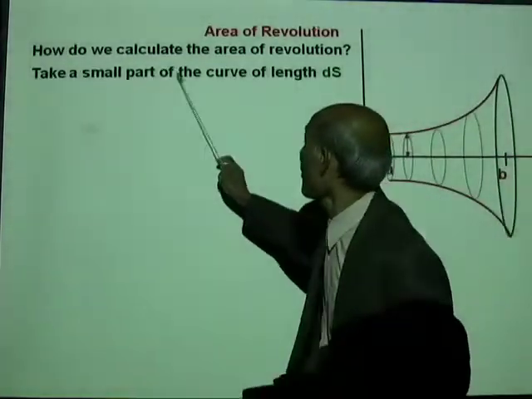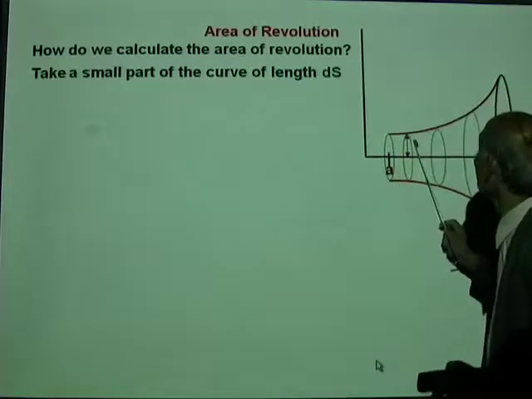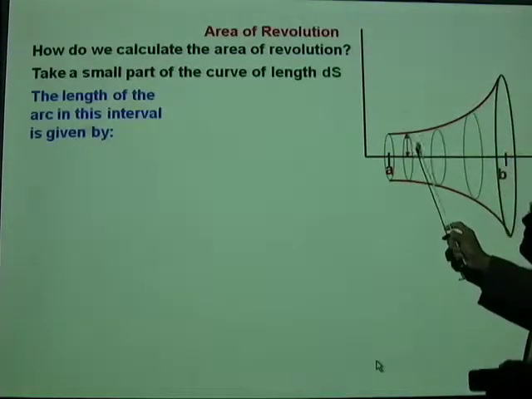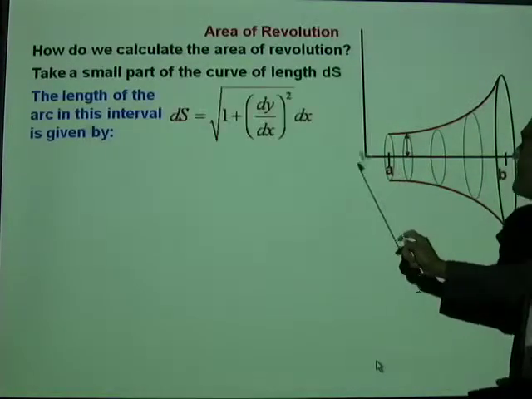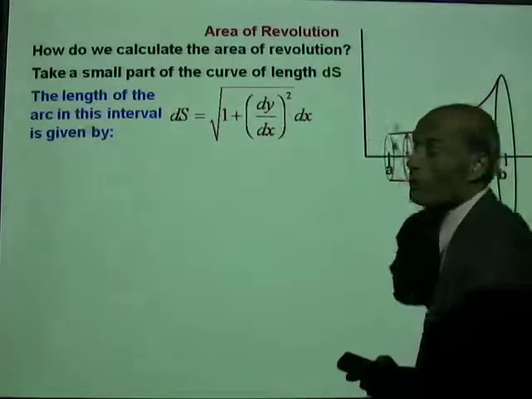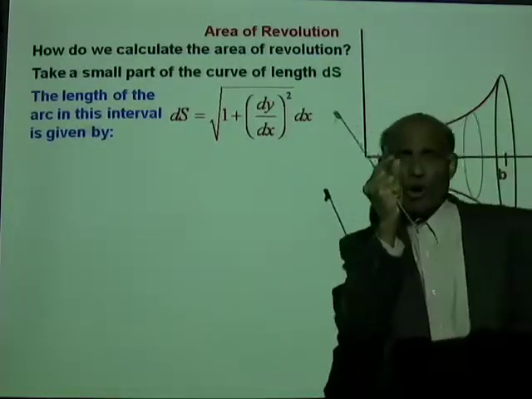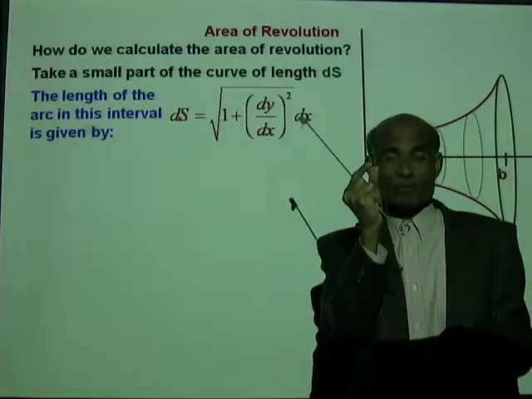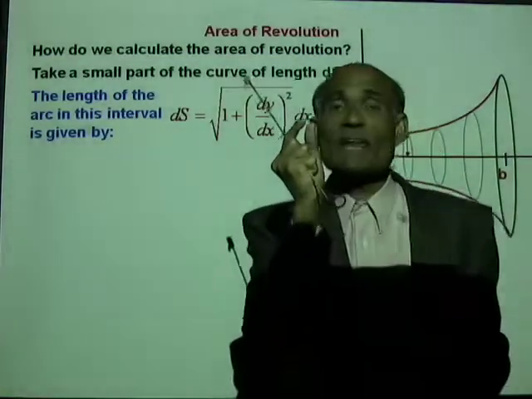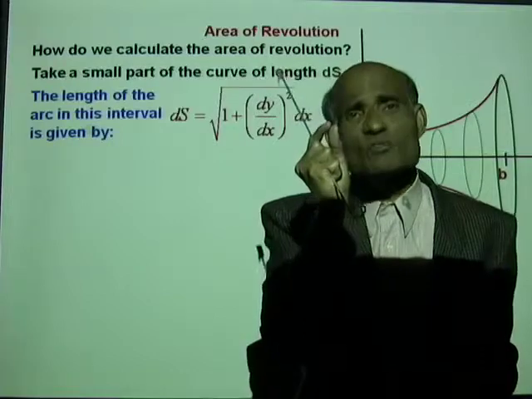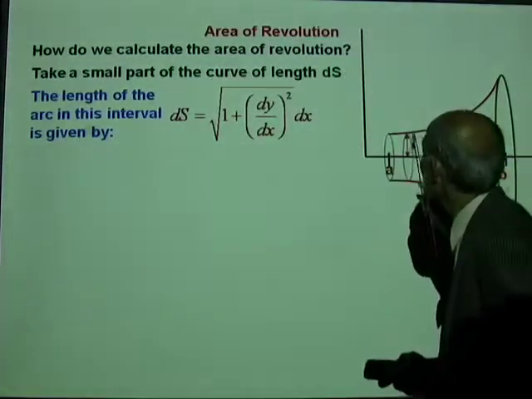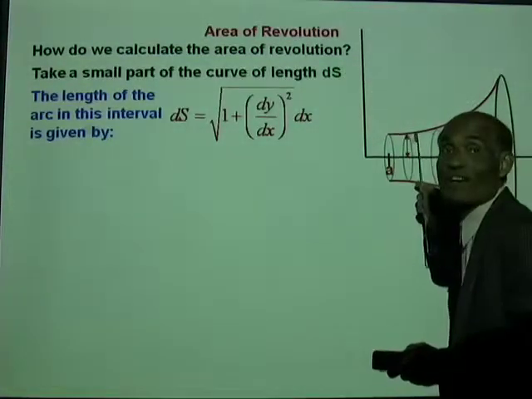Now, take a small part of the curve of length ds. That is very small, almost like a point, because only when the length of that ds is very small will it be equal to a straight line.